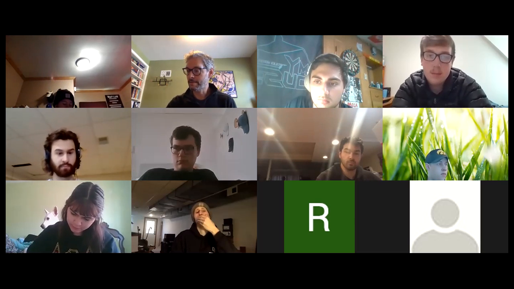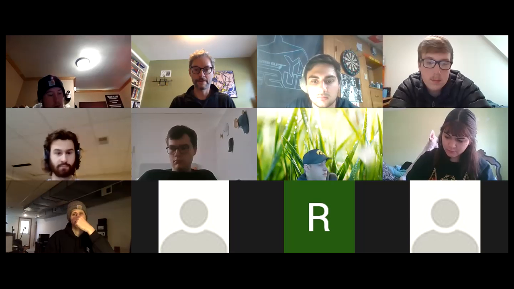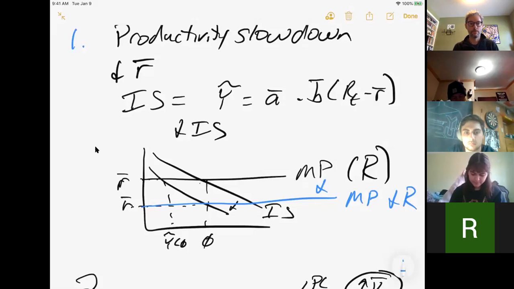Right, but I think it's pretty clear, as I talked about here. I'll just show you this graph again. When little r bar goes down, that actually shifts our IS curve to the left, and so that moves us towards a negative short run output. And then what should be the response?